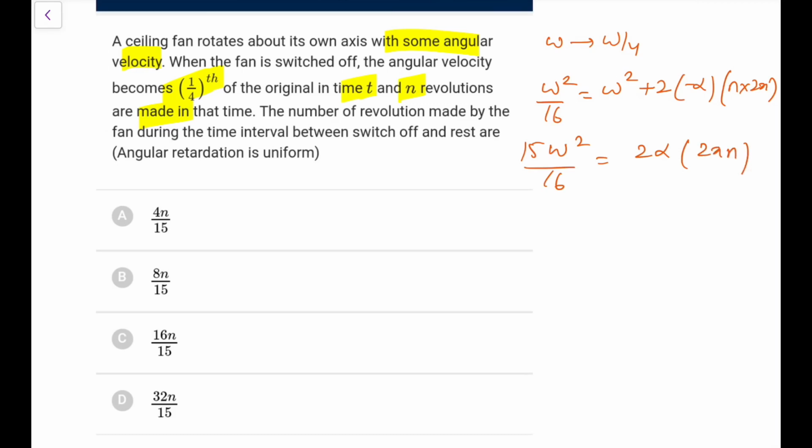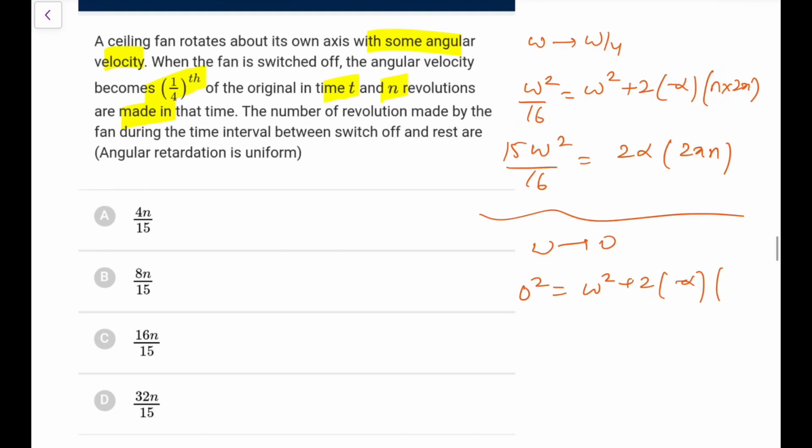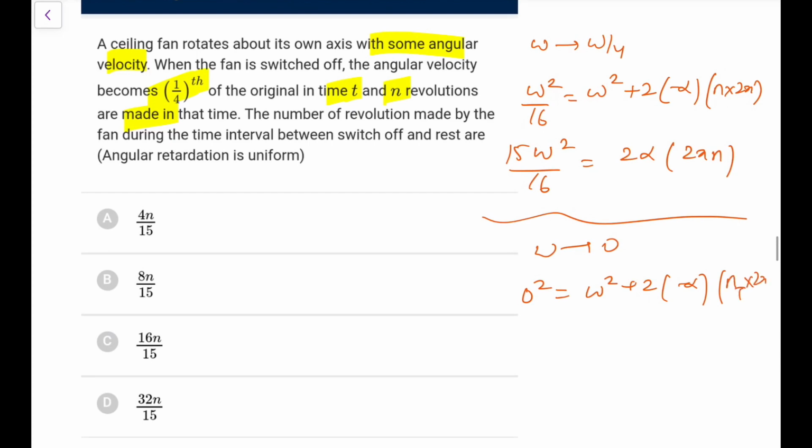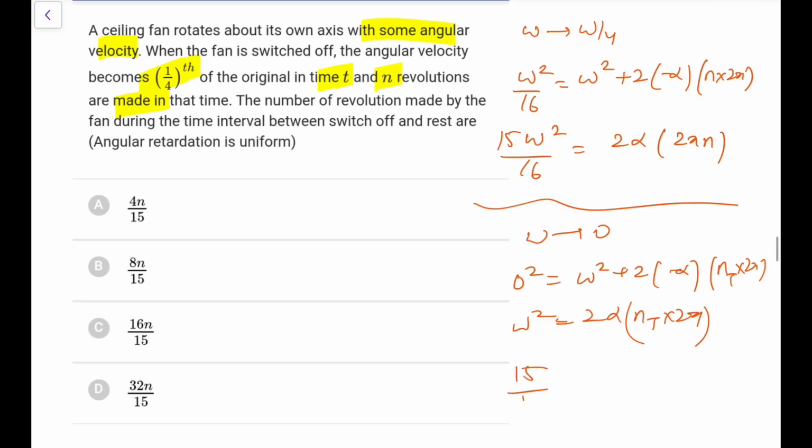And for the complete stop from omega to 0, you have to write 0 square as omega square plus 2 into minus alpha into the total number of revolutions n total into 2 pi. So omega square is 2 alpha n total into 2 pi. Better divide both. 15 by 16 becomes n upon n total. So n total will become 16 n by 15. Go for option C in this case.